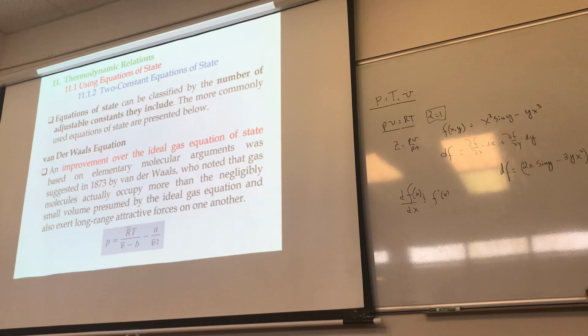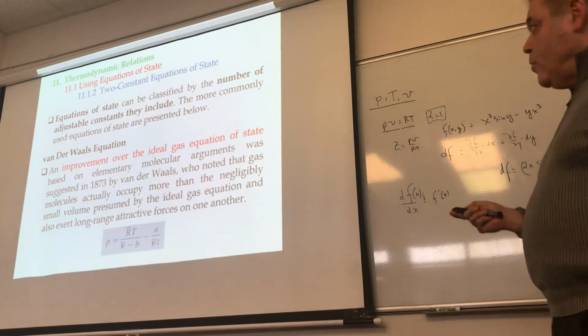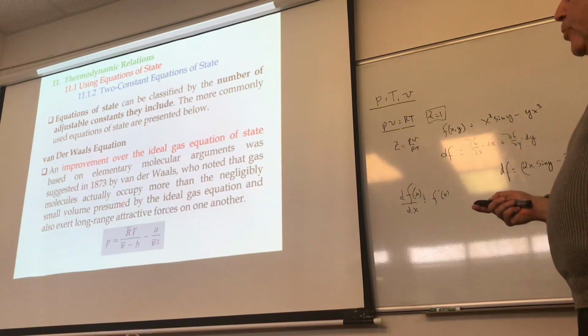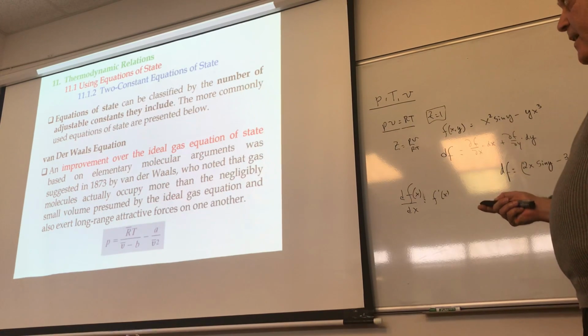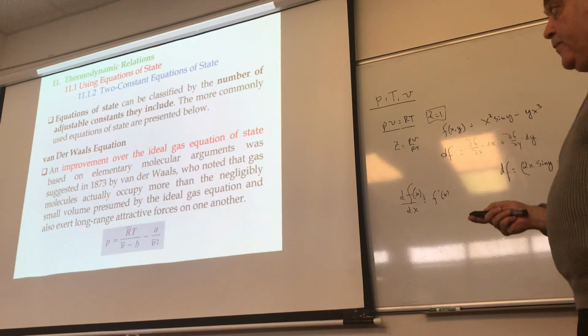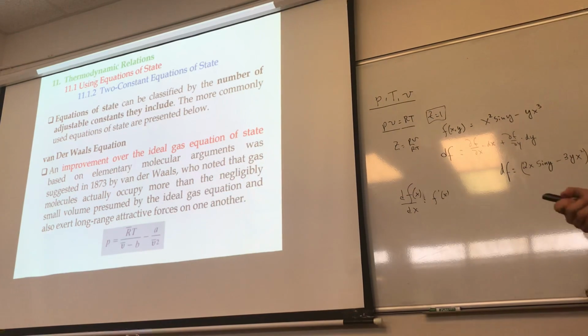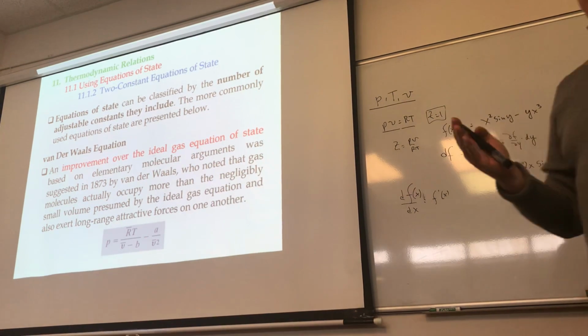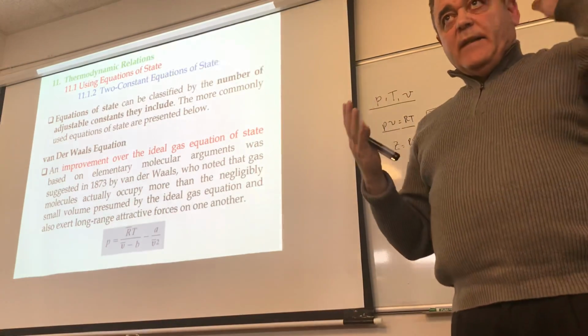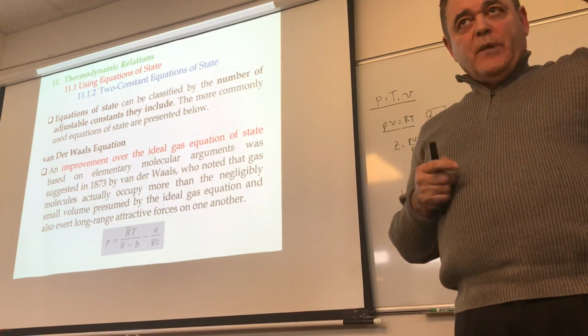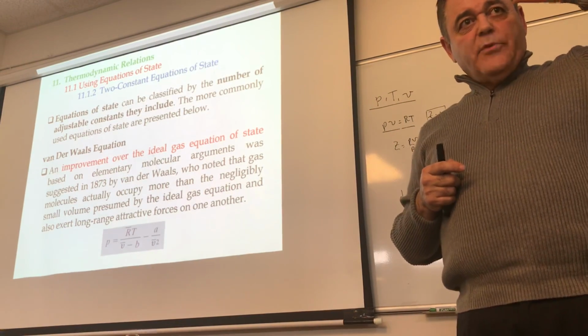Van der Waals came in 1873, and he says, hey, these gas molecules that we are talking about occupy more than the negligibly small volume presumed in the ideal gas equation, and also exert long-term attractive forces on one another. When we're talking about gases, we say that the gas occupies a certain volume, but we are not really looking at the molecules themselves.